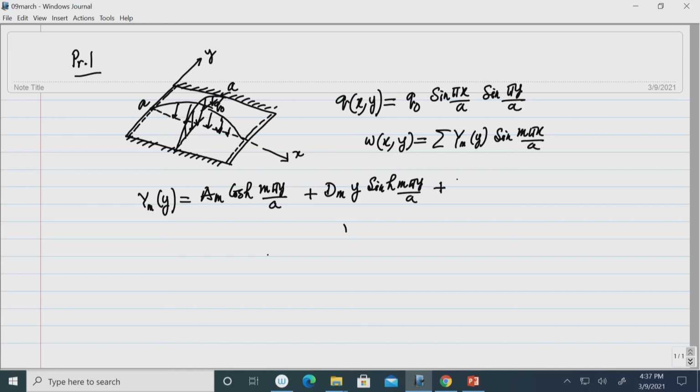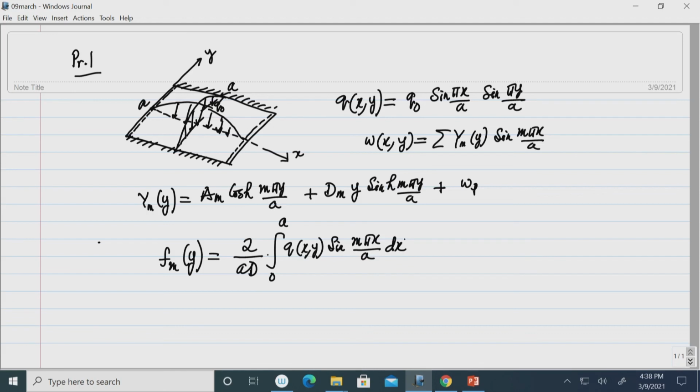Okay. Now, particular integral has to be found in that case, because it is not uniformly distributed load. So, the result is known to us. Okay. The particular integral has to be found from this function, that is given as 2 by a D, D is the flexural rigidity of the plate, and the integration 0 to a q x y sin m pi x by a into dx.